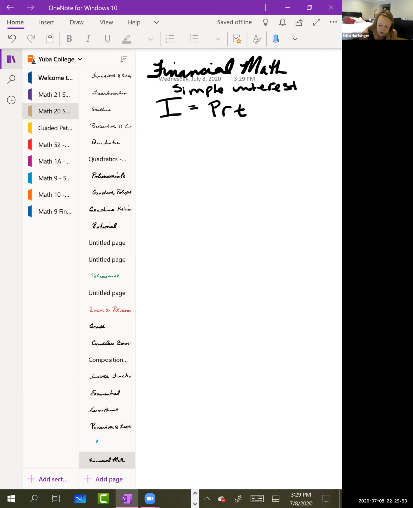So P is equal to what is called your principal, which is the amount invested or borrowed.